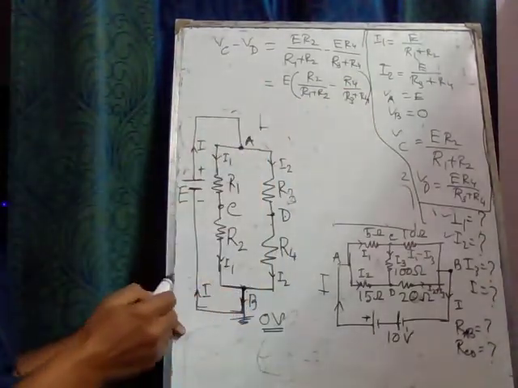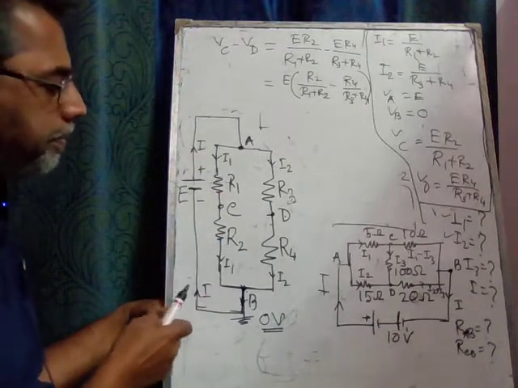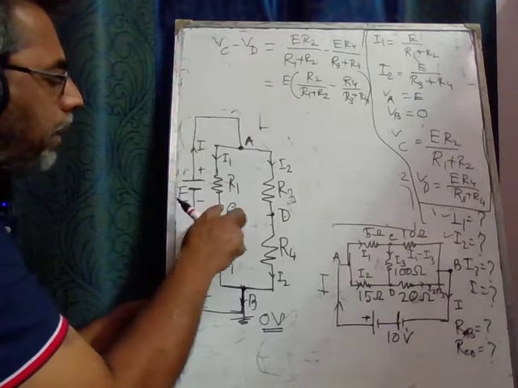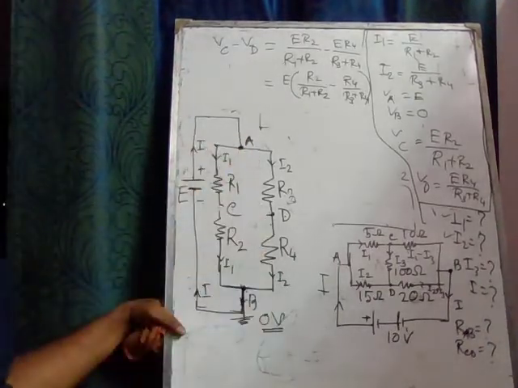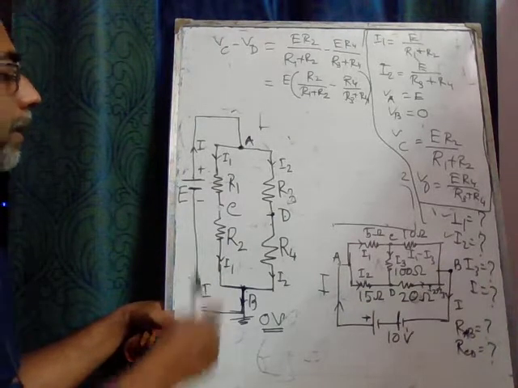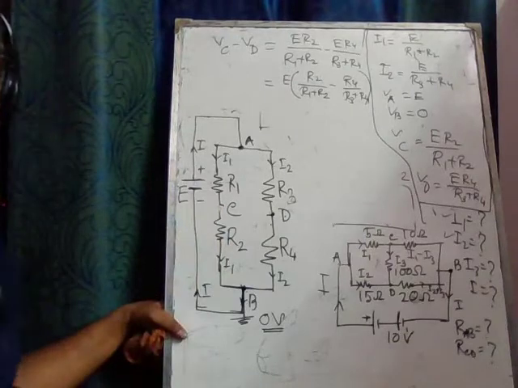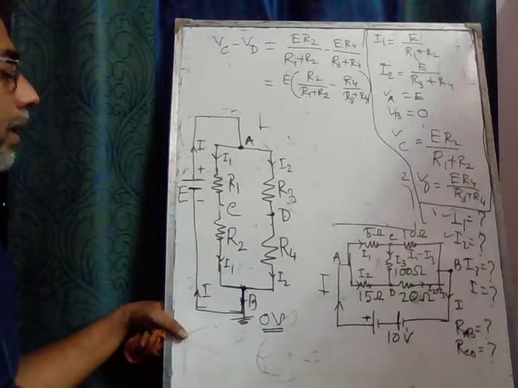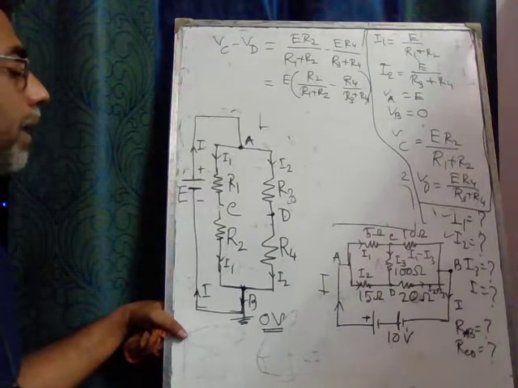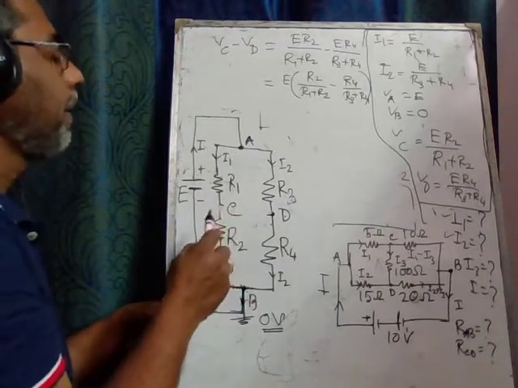And if the resistance connected between C and D is represented by RL, and the current through that RL is represented by IL, then we can write this, okay?